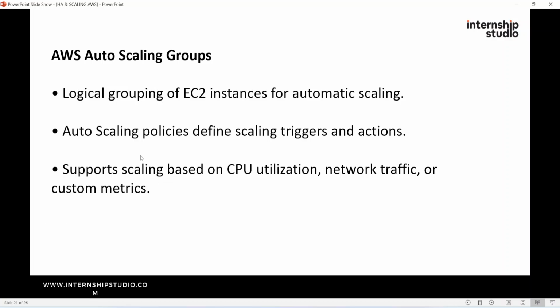Then it has the concept of policies that define scaling triggers and actions. It supports scaling based on CPU utilization, network traffic, or custom metrics. So you can scale based on CPU utilization, for example, or the machine type or instance type. Any kind of configuration you can do auto scaling on.